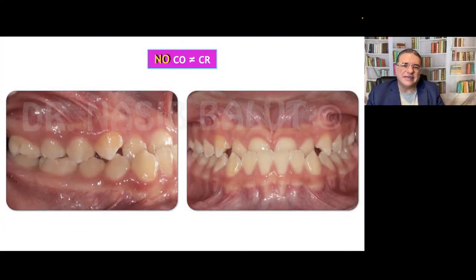So again, it's very important that we identify if we don't have a discrepancy between centric occlusion and centric relation. This is very important.